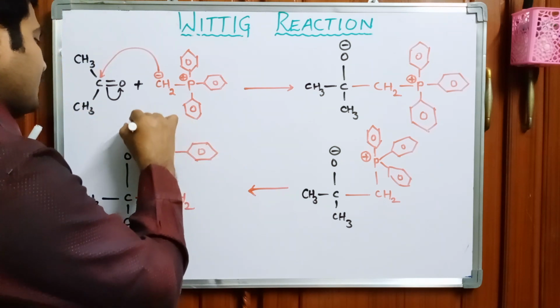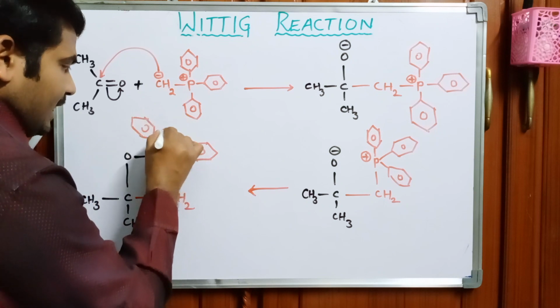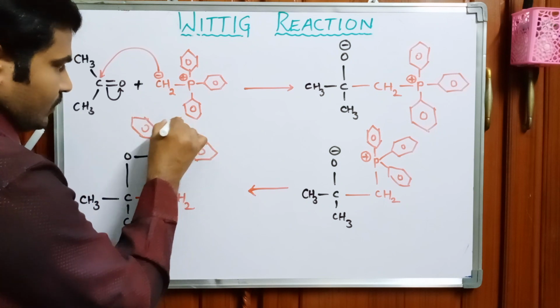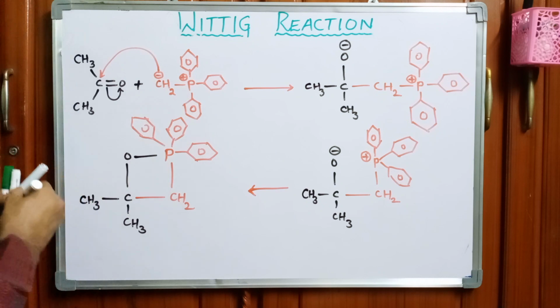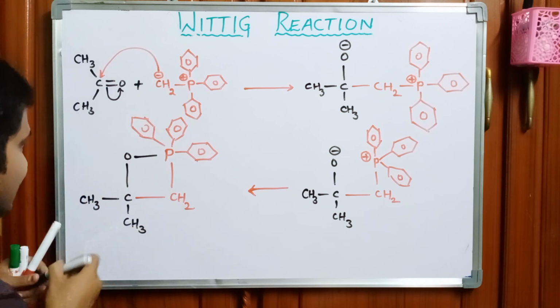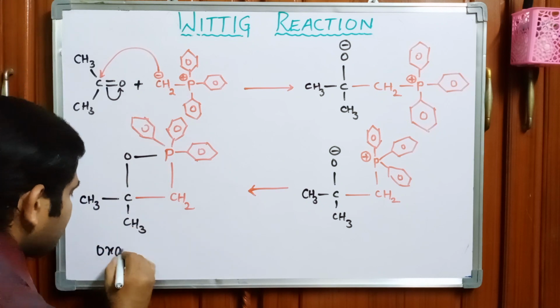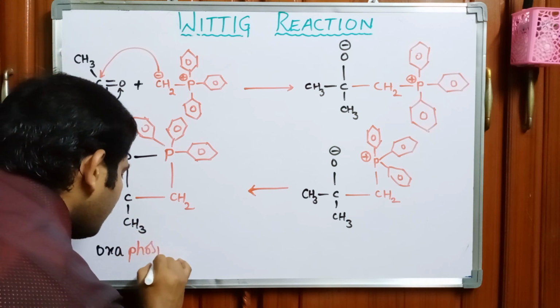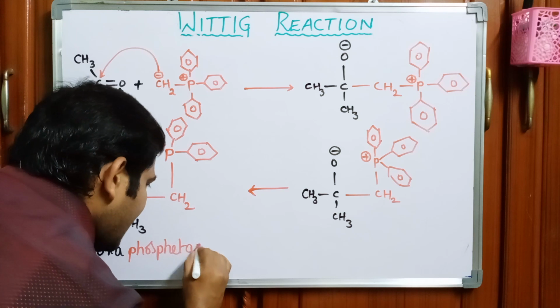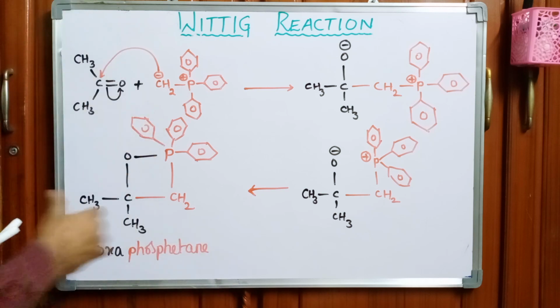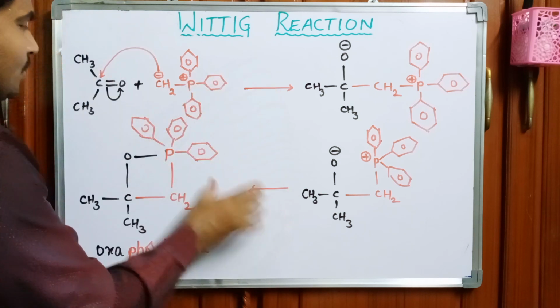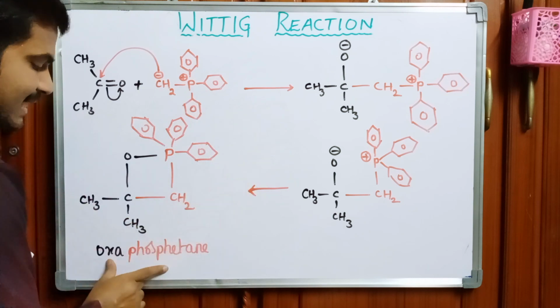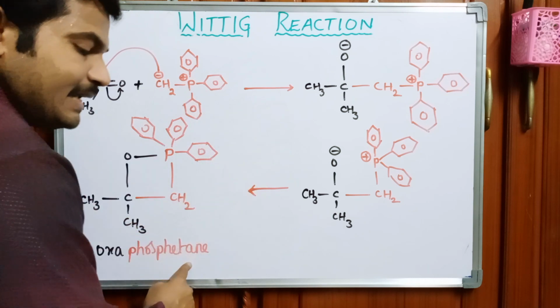Oxaphosphetane. It is a triphenyl substituted oxaphosphetane. Okay, in step 1, formation of an unstable heterocyclic intermediate.